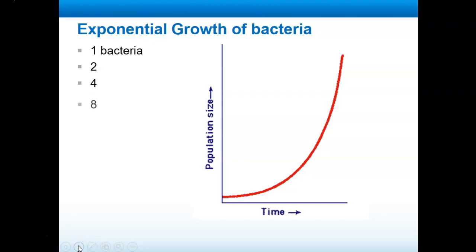Another 4 hours. Both of those divide. And, you know, these numbers aren't too big, so our graph is fairly flat. But then we get to a point where, when we double again, that's a pretty big jump in numbers. That's a really big jump. And that's a huge jump. And so on and so on.